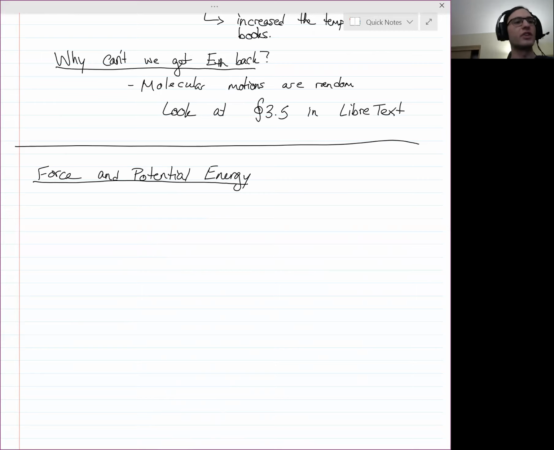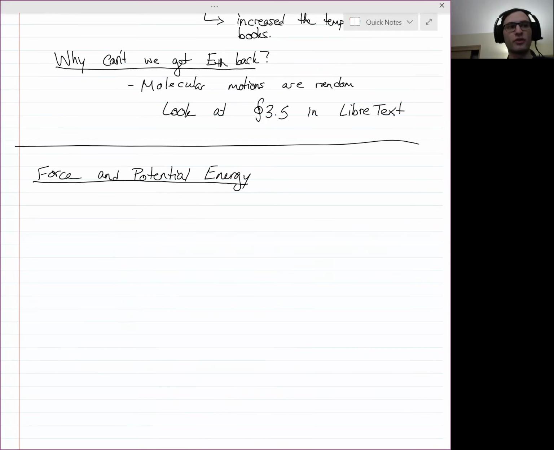The whole point, though, is that when conservative forces are involved, we don't really need to compute work directly to apply the work-energy theorem. All we need to do is know what the potential energy function is, and then we can just plug that in and get what the work is.